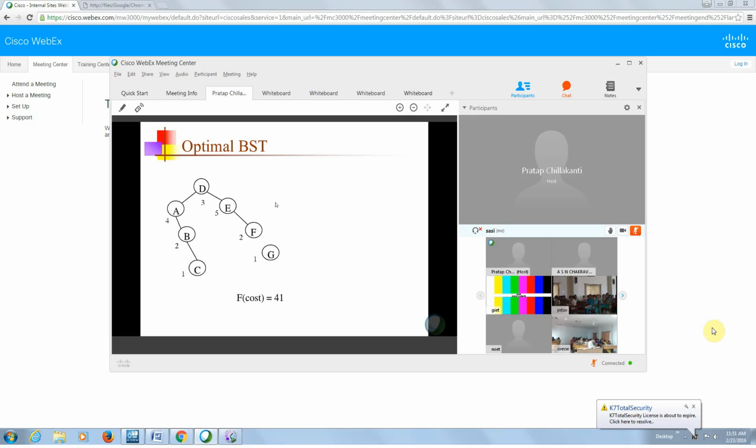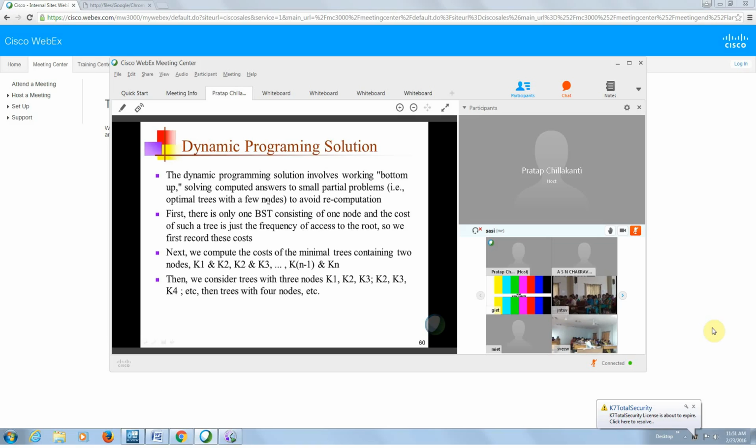So convince yourself how to get to this 41 by applying the principles of dynamic programming, where you're doing a bottom-up approach. I'll leave that as food for thought for you after the class. I don't know about the students there, but I remember when we were students, these are the type of things that would make us stay awake all night long to solve them.